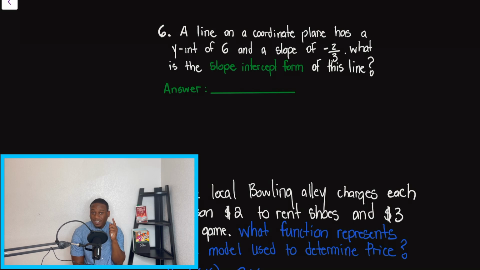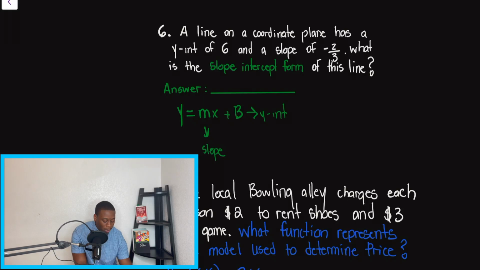So, this is an easy question if you remember what the slope intercept form is. So slope intercept form, that's the equation y is equal to mx plus b. And we know that m is our slope and b is the y intercept.